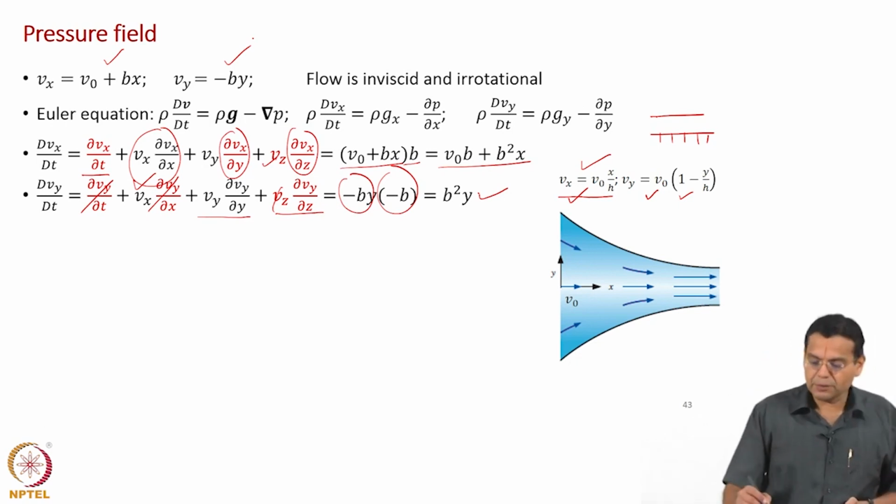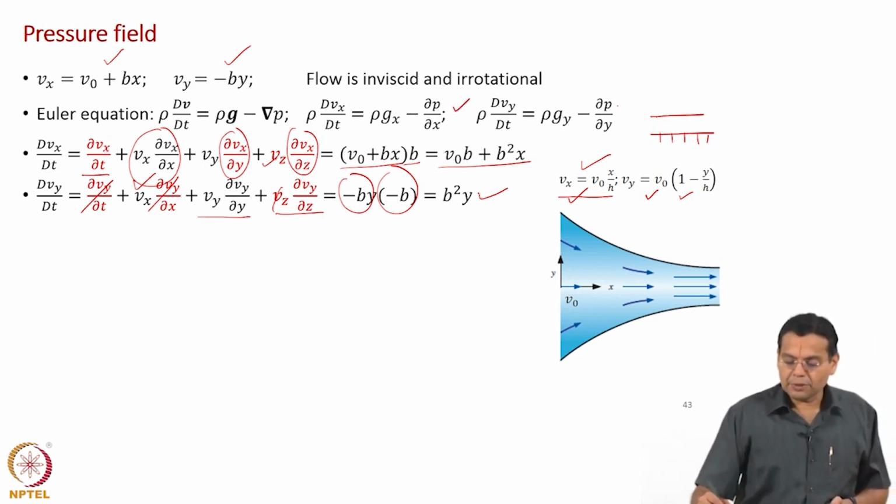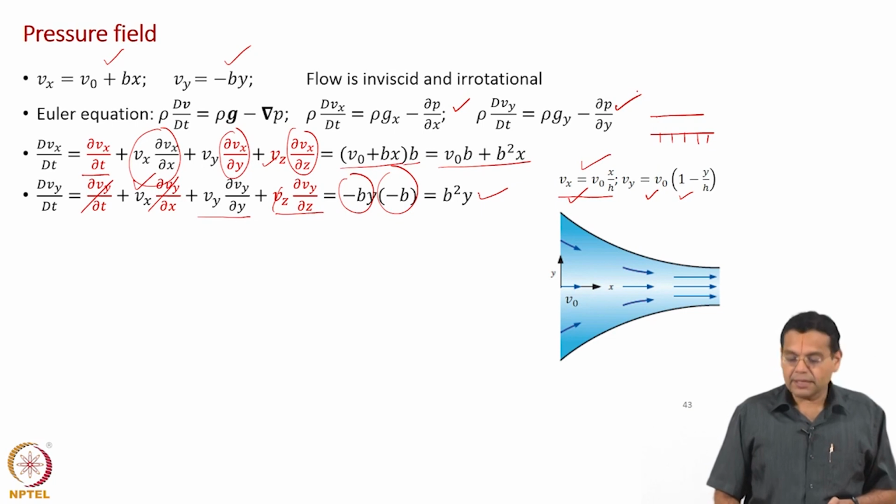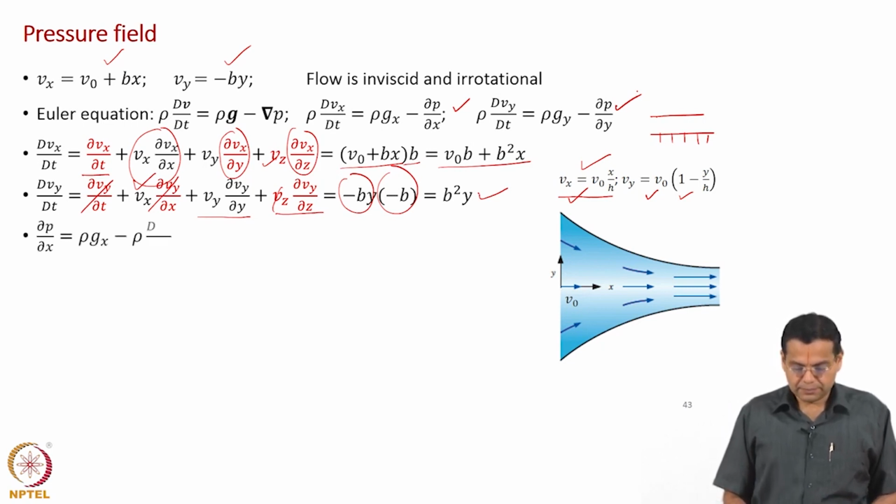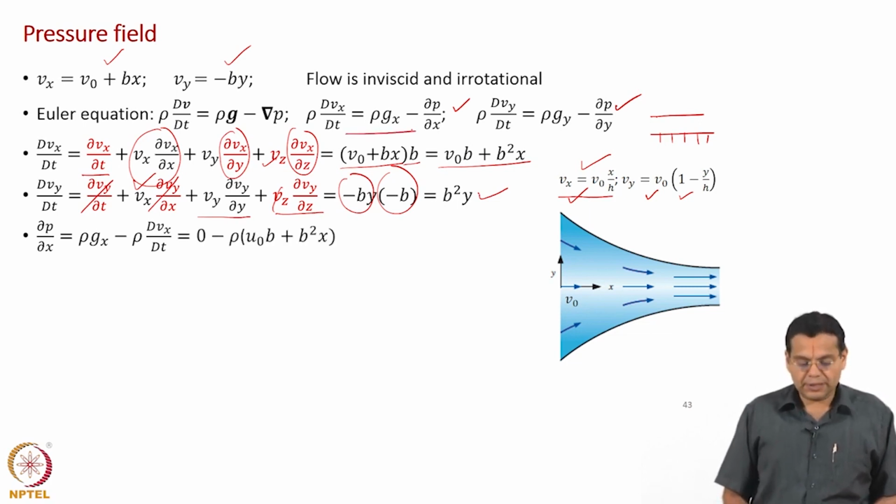Okay, now let us substitute in the Euler equation and evaluate the gradients of pressure in the two directions. So, dou p by dou x is equal to, just rearranging this equation, rho g x minus rho dVx by dt.